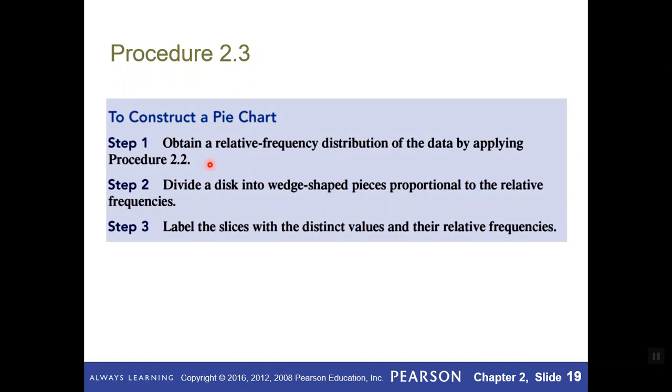Again, you have to obtain the relative frequency distribution of the data by applying the procedure we have discussed before. Divide the disk into wedge shaped pieces proportional to the relative frequency. Label each slice. That's very important. You have to name them.